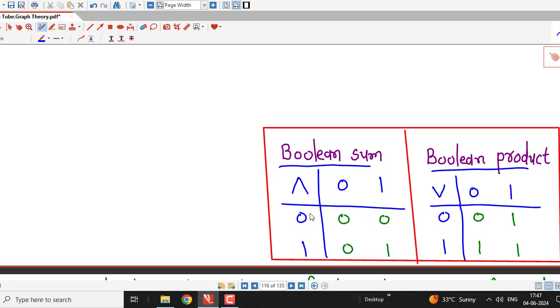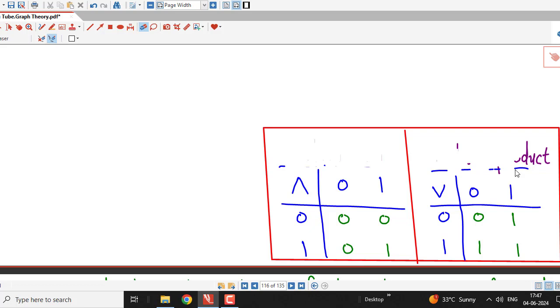If at least one entry is 0, then we will write 0, and this is called Boolean product. We are not worried about the names of these operations; I have interchanged these two. This is called Boolean sum and this is Boolean product.